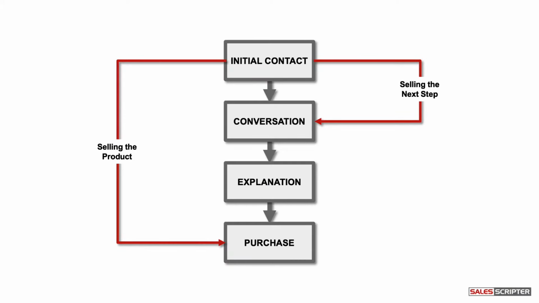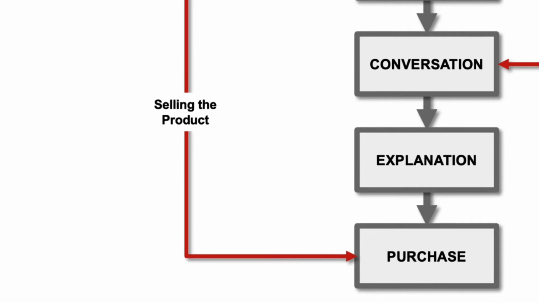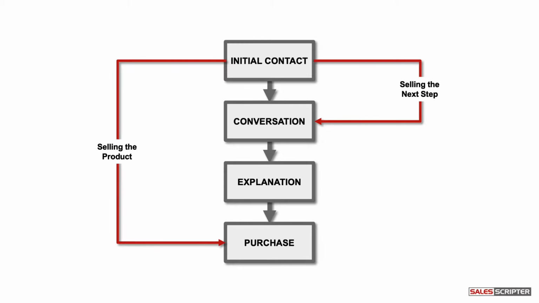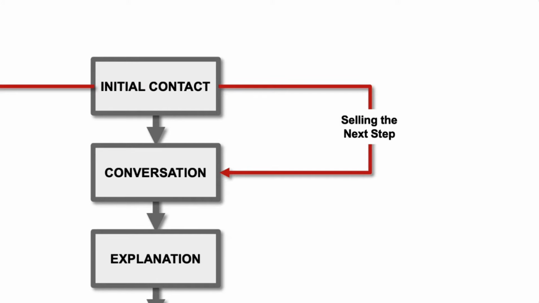And while that is a little bit correct, I would make the argument that if we're trying to schedule a call or a conversation for me to talk about selling my product, that close is still aligned with the last sales process step of selling the product. If you're truly selling the conversation, you're not proposing the opportunity to talk more to sell your product. You're proposing the opportunity to talk more to learn more about the prospect and maybe let them know more about you.